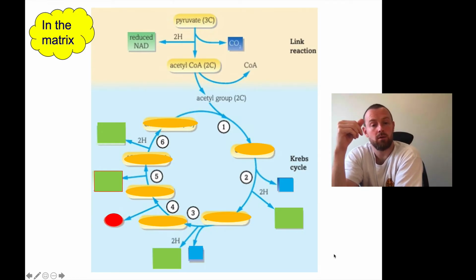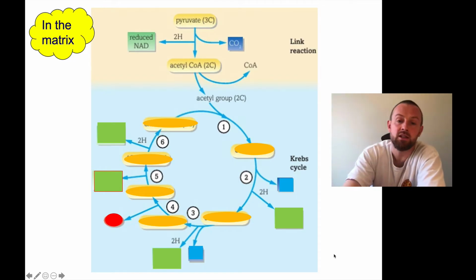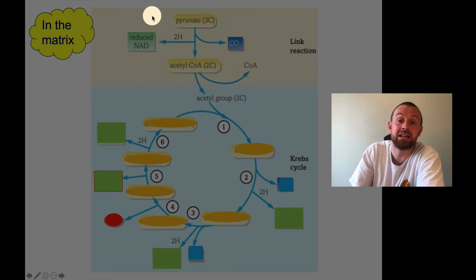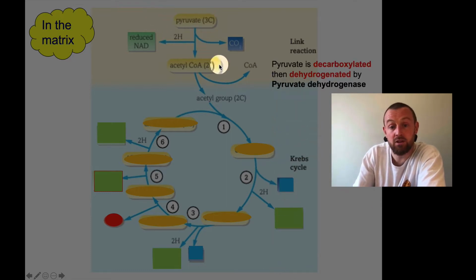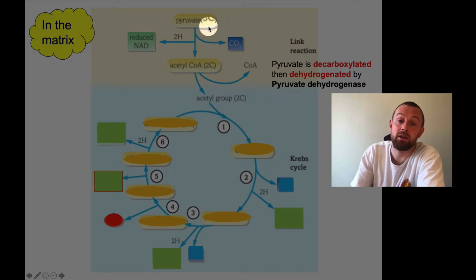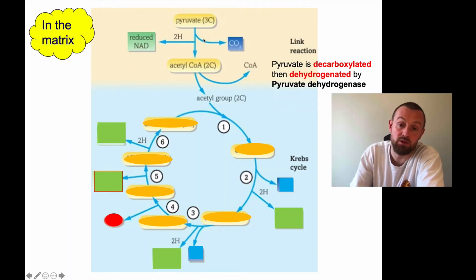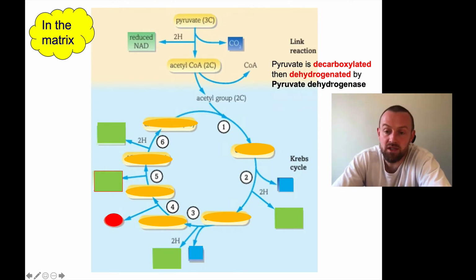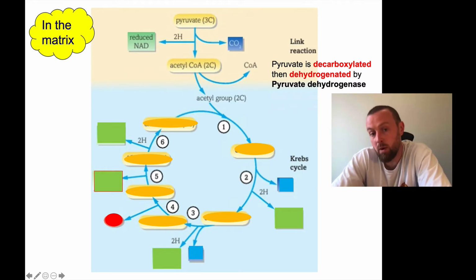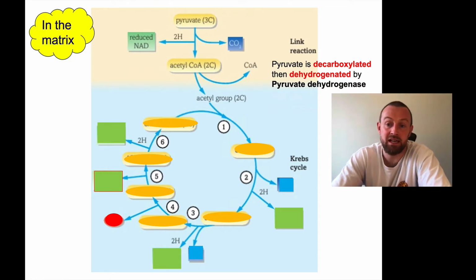Now this diagram is a little bit simplified. Up here, you could think of some oxidized NAD coming in and accepting the 2 hydrogens. And here, a coenzyme A would come in and stick to the 2 carbons from pyruvate to become acetyl coenzyme A. So this whole process, pyruvate we say is decarboxylated, that's a key word, and it's dehydrogenated.